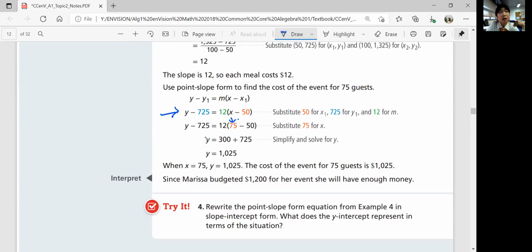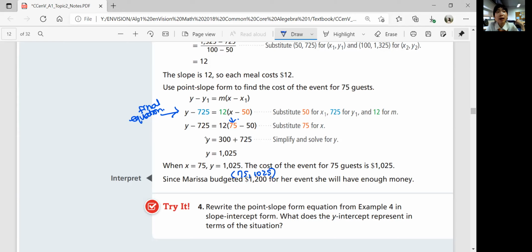Okay, this is the final equation. We're substituting 75 for x so that we can solve for the cost y. Solving for y, we get 1,025. So when x is 75, y is 1,025 on this line.